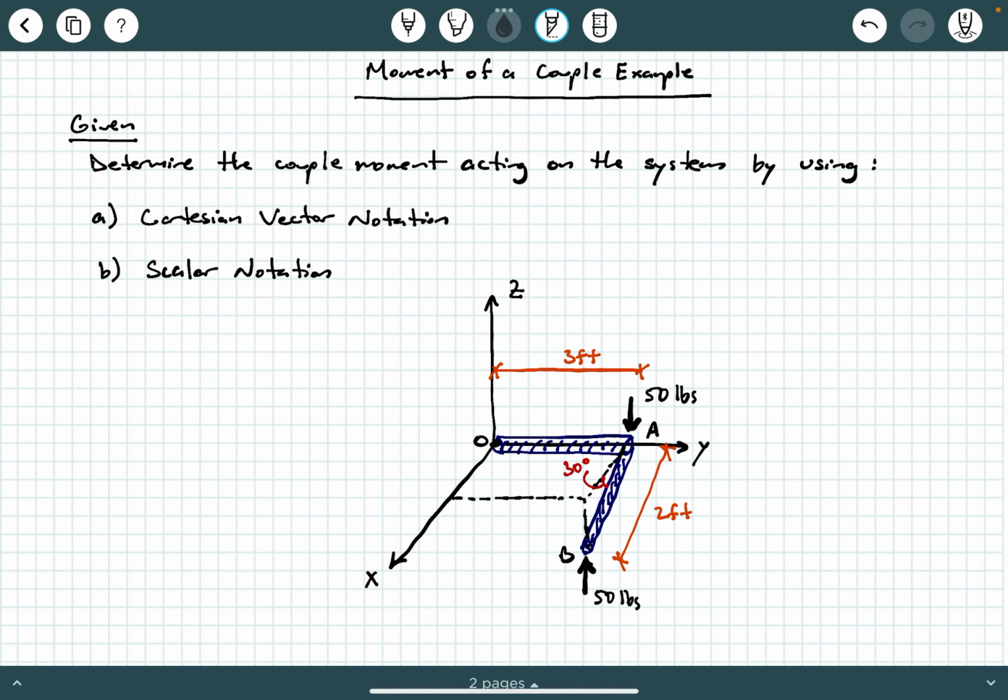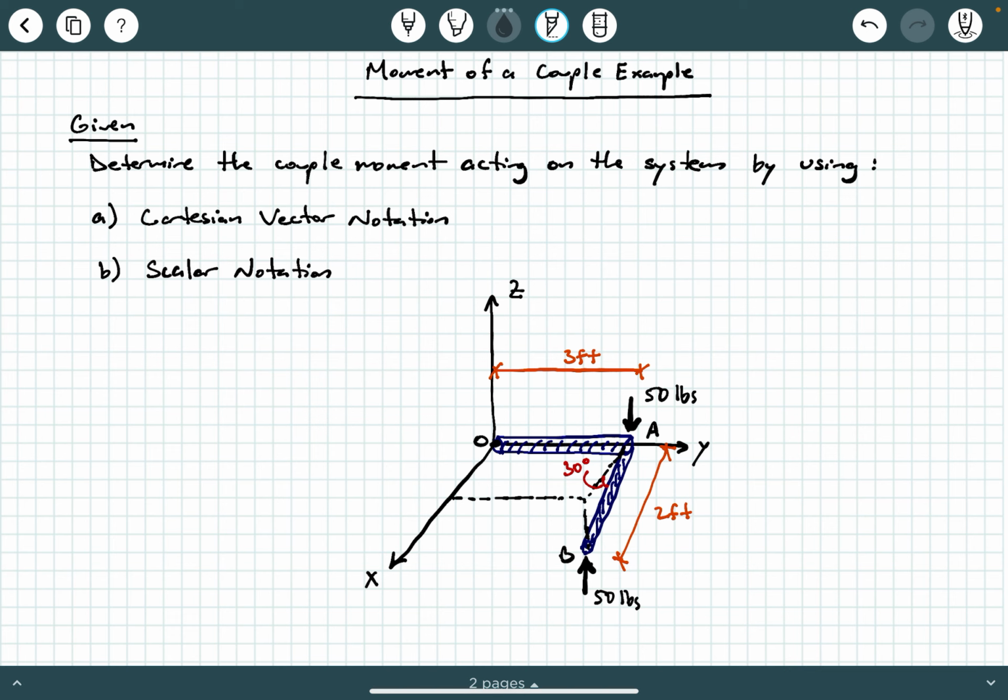Now, a couple moment is also sometimes called a free vector. What that means is it doesn't matter what point we take the moment about, because in a couple moment, it is what it is. It's basically going to come out to be the magnitude of those opposing forces multiplied by the perpendicular distance between those forces.